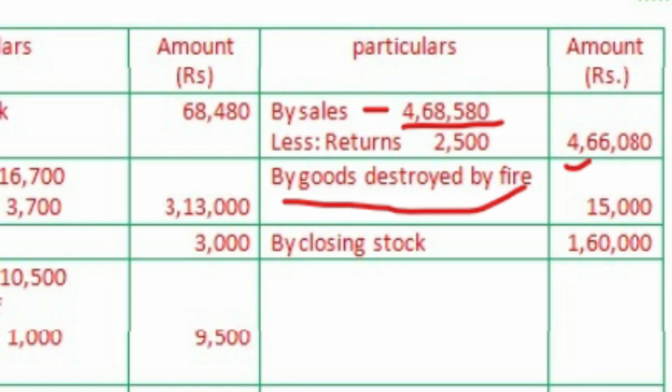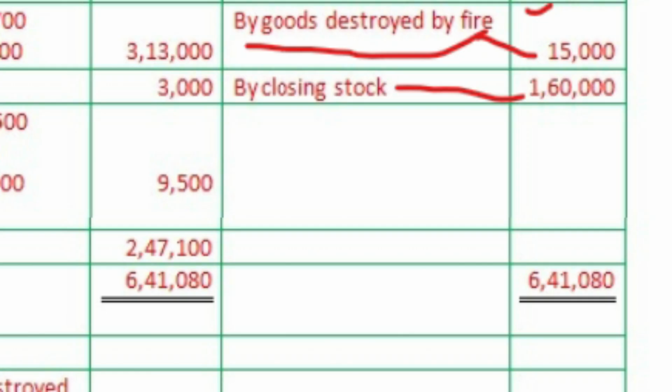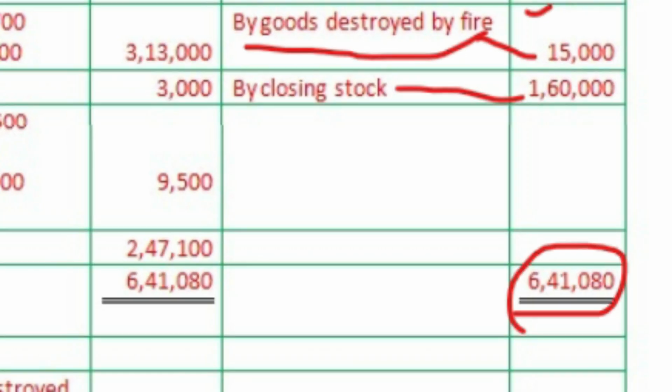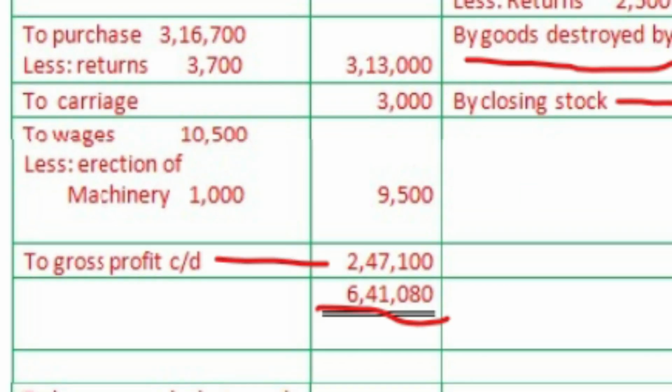The total value of goods destroyed by fire is 15,000, and closing stock given in adjustment number 4 is 1,60,000. The total of this is 6,41,080.